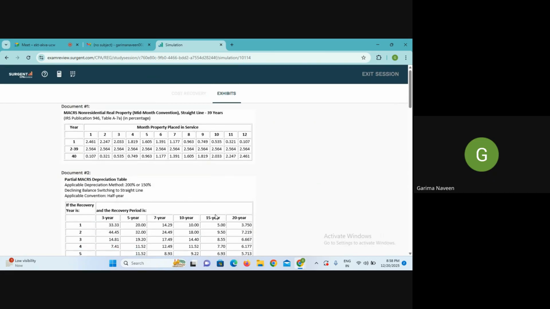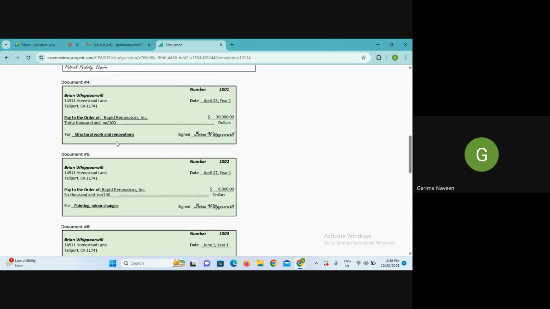Okay, so you have Rapid Renovators of $30,000 on April 5th, and on April 27, we gave them $6,000. Yes, it is. So total painting and minor changes, and it is structural work and renovations.